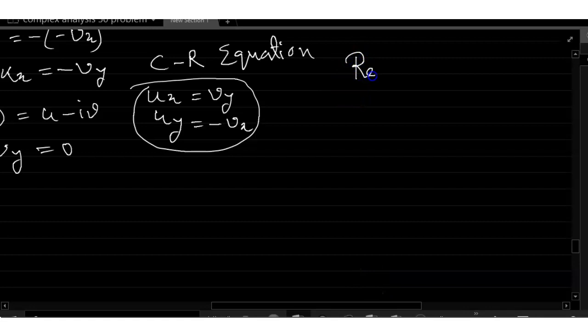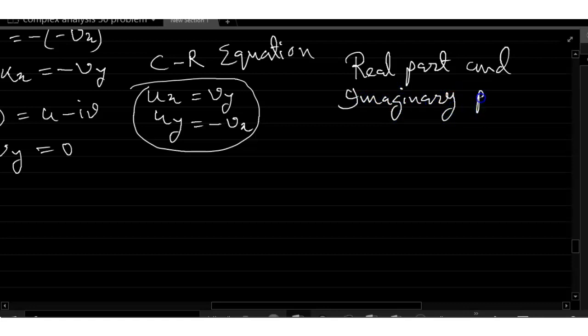The real part and the imaginary part are bounded.